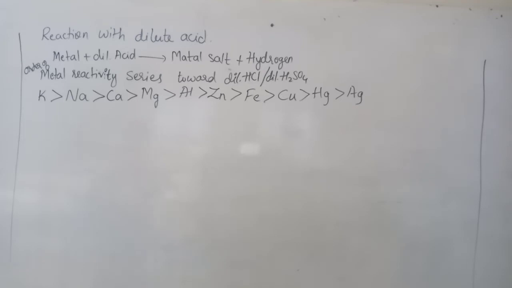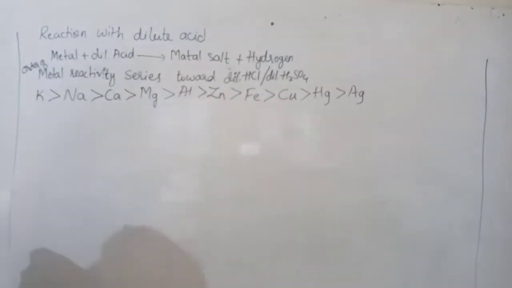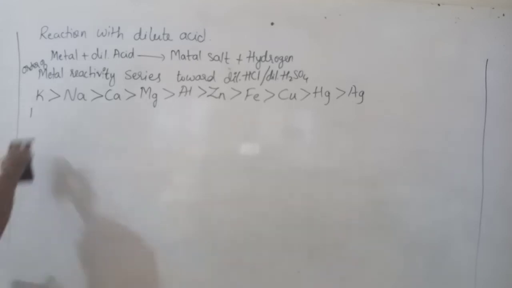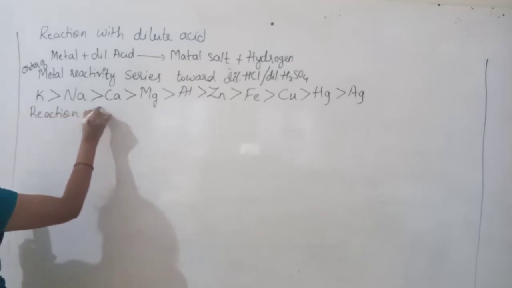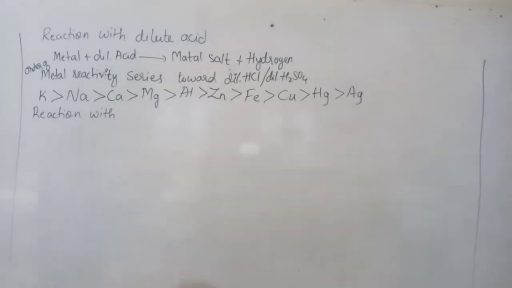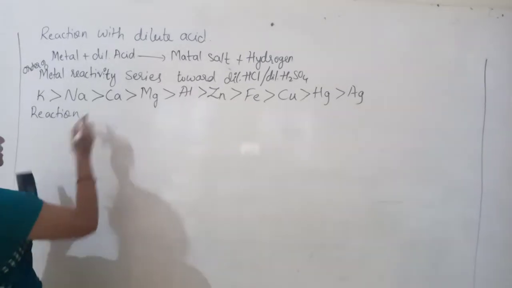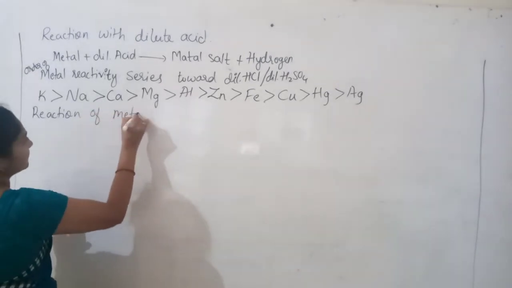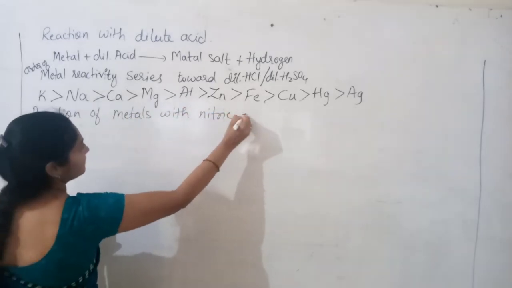Some metals react with nitric acid, and what products are going to form? Let us discuss now. So here next is the reaction of metals with nitric acid.